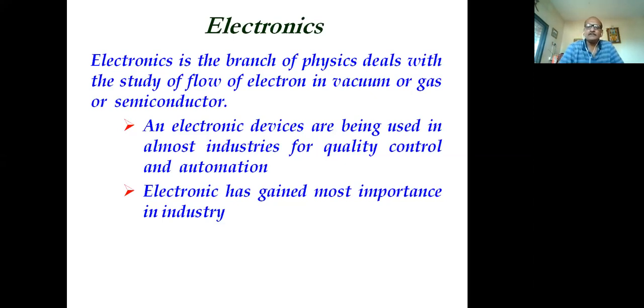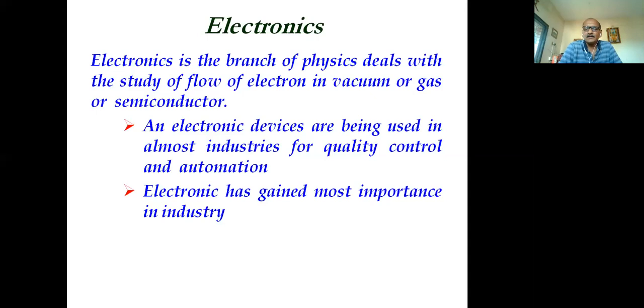That means in all fields and all industries, electronic instruments are used. Therefore, in paper 6, we have studied 6 topics, these components, which are very important, and all electronics is based on them.